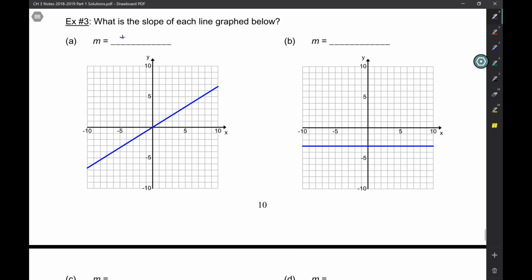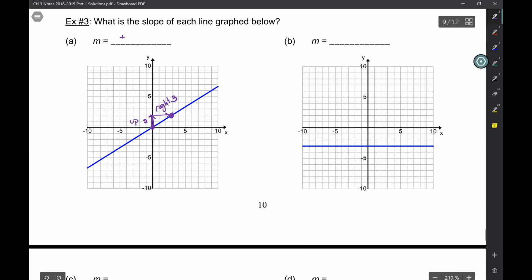Let's find the actual slope. Okay, we're gonna pick 2 points. To go from one to the other, I go up 2 and right 3.